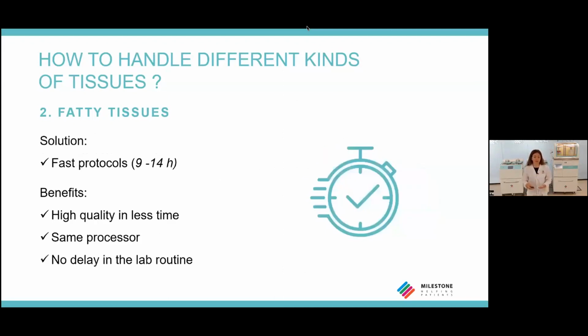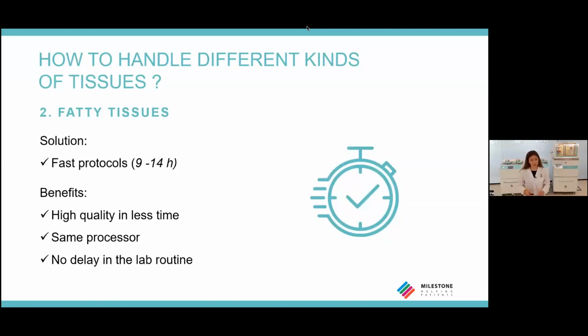What we can do is try to better integrate the processing of this tissue into the lab routine. To do this with Milestone units, we have the possibility to process with fast protocols. So fatty samples can be processed during the night and even during the day.